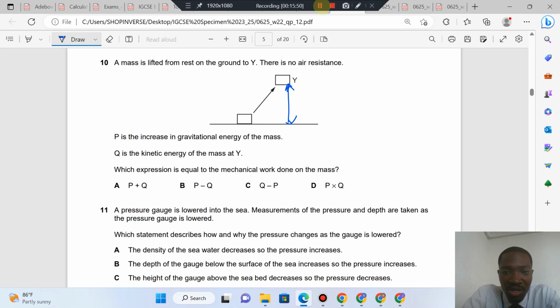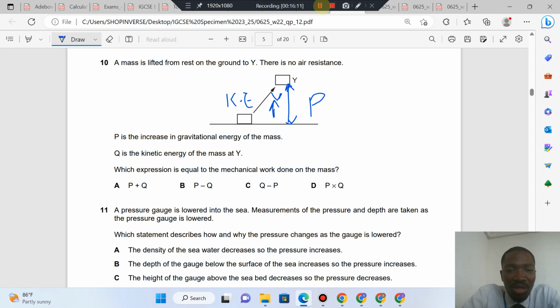Good. So P is gravitational potential energy given to the mass. Q is kinetic energy of the mass. Also, the mass that you are lifting upward, you are lifting it upward at a certain speed. As long as you are moving it upward at a certain speed, that means you are giving it some kinetic energy.